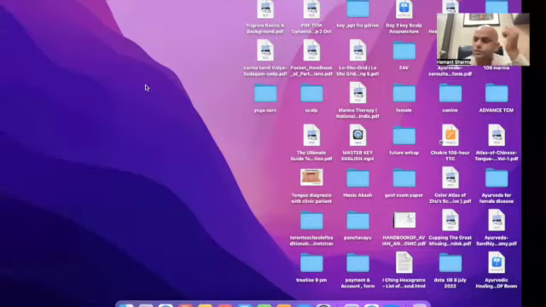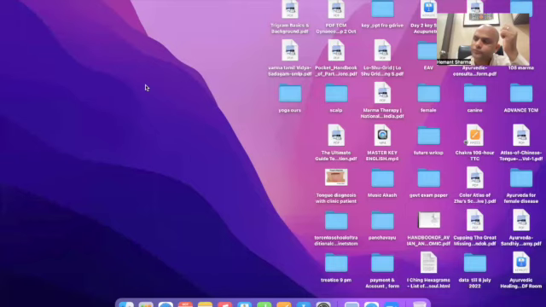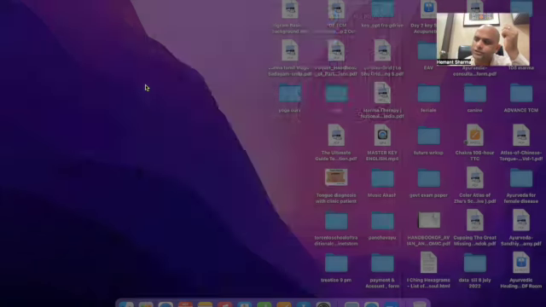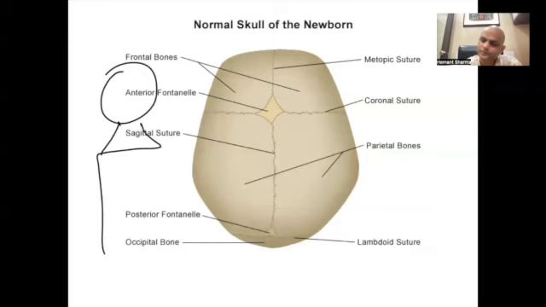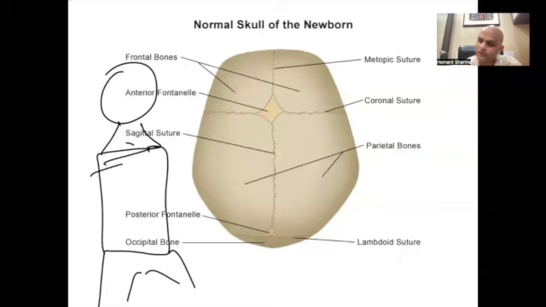The name of this suture is sagittal. The sagittal suture, one of the great sutures. With the help of the sagittal suture, we can treat the trunk part. Trunk means, if we see the body like this, then this part is called trunk.